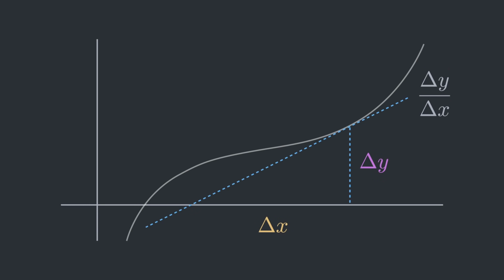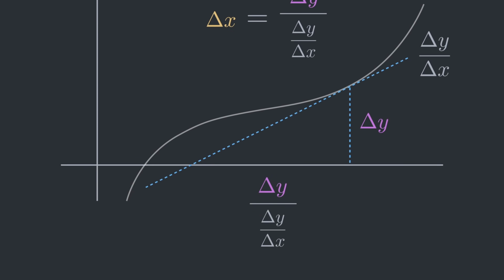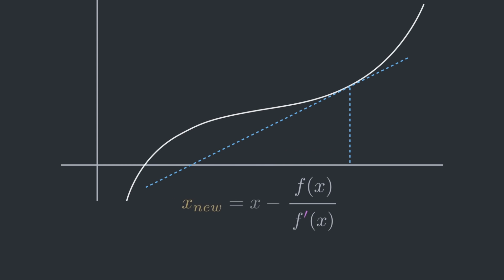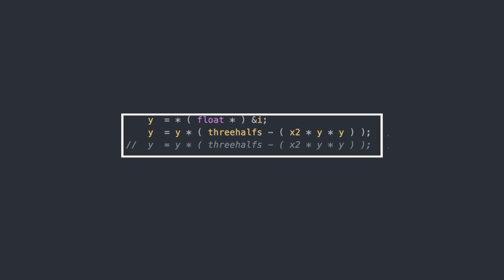We have the ratio between y and the x offset and y itself, so to get the x offset we just divide y by the ratio. So then we simply subtract this offset to get our new x. The informed viewer can now verify that the last line is one such Newton iteration applied to the function f of y equals 1 divided by y squared minus x. Notice that y being a root of this function is equivalent to y being the inverse square root of x.